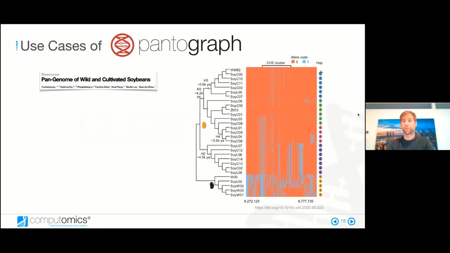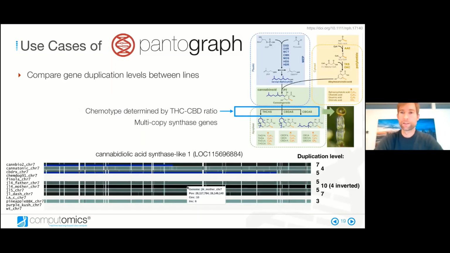With that, I switch back to the presentation, and I show you one additional use case in cannabis breeding. Cannabis now establishes as a very important crop for fiber production, but also for medical purposes, right? A very important trait is the ratio between the chemicals THC and CBD. THC is the psychoactive compound of cannabis, but CBD has great potential for medical purposes.